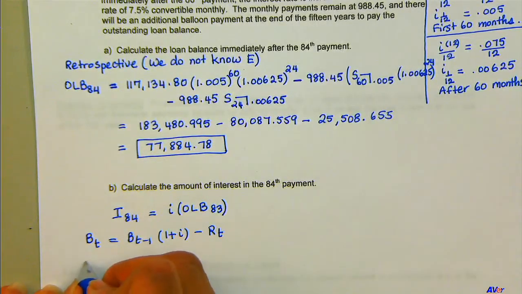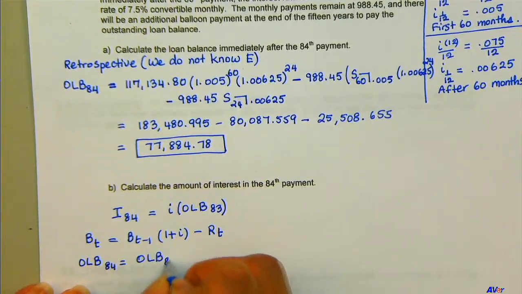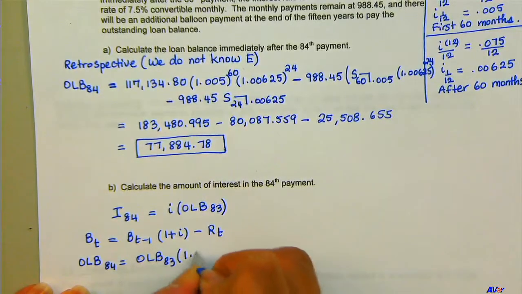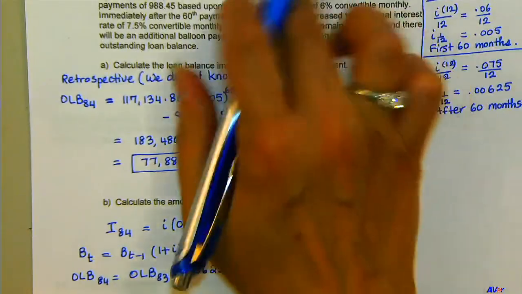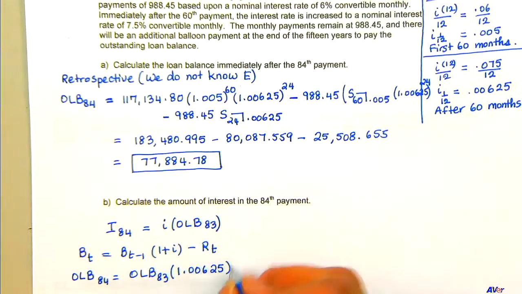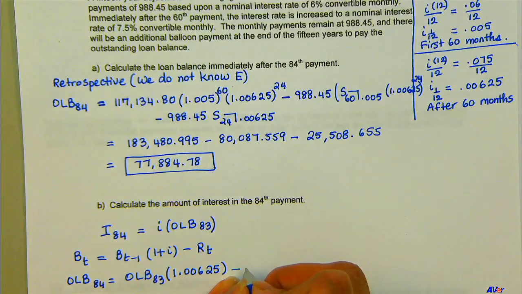Can I say OLB 84 is equal to OLB 83 times 1.00625, because that's the interest rate prevailing here, minus R_t? What is R_t? R_t is the payment that's being made at 84. So that's 988.45.